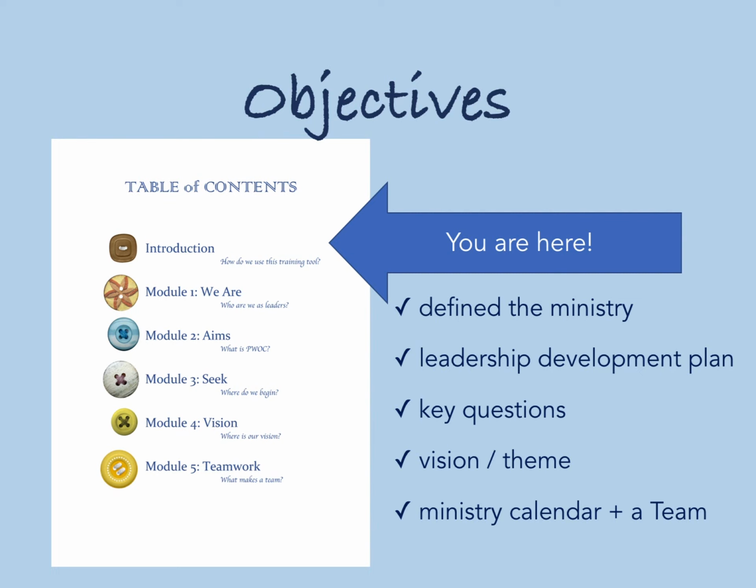You will define what you don't know, what information you still need to gather via key questions. You will develop a vision and theme together. And you will create a ministry calendar and have a clear sense of what each team member will be doing daily, weekly, and monthly.